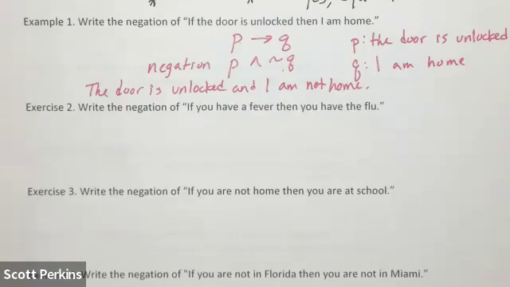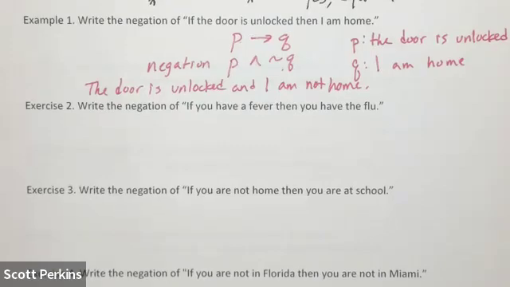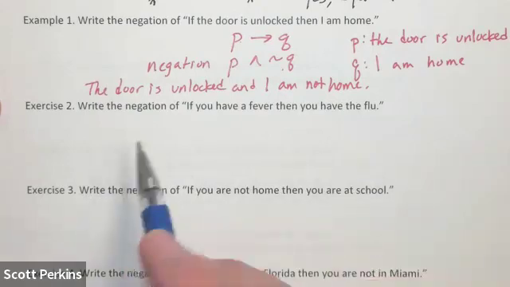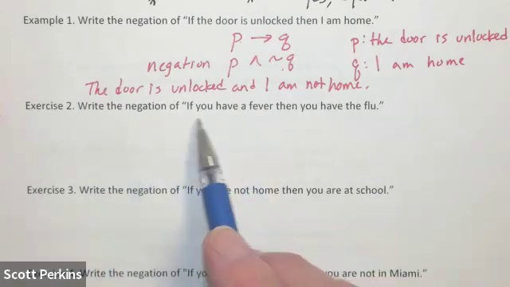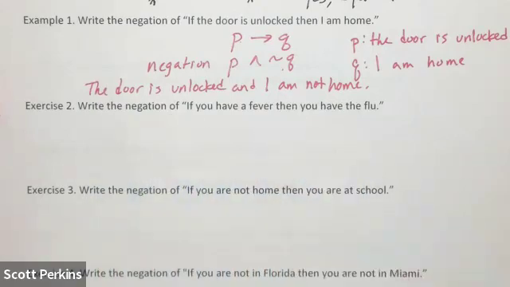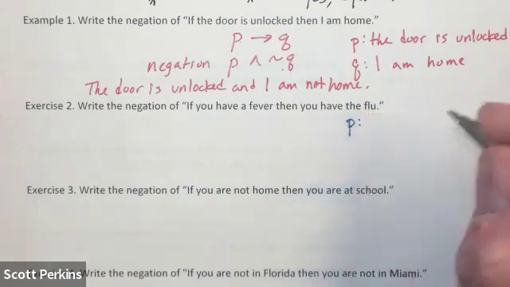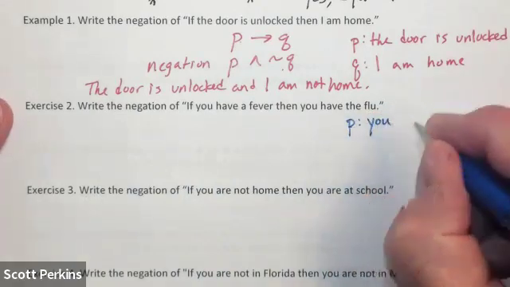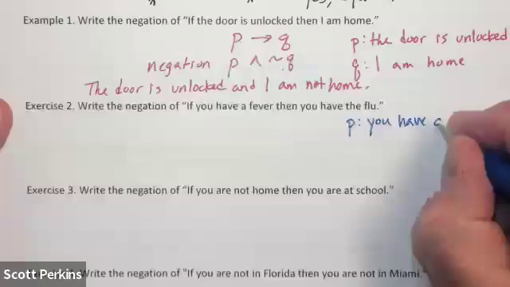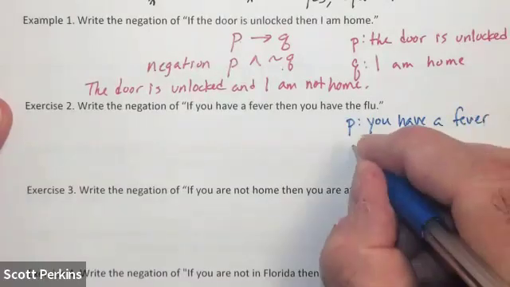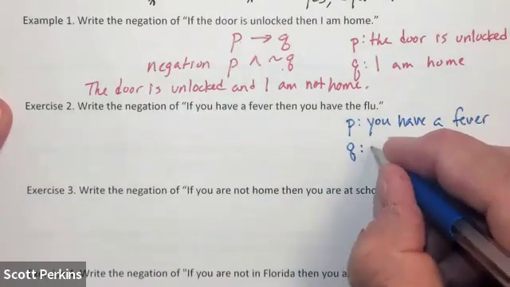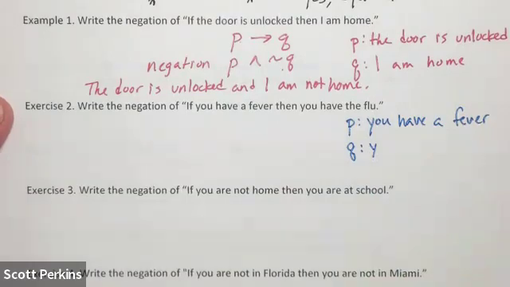Okay, so I'm assuming that you took time to push pause and now we are checking your work together. So here goes. We're going to write the negation of if you have a fever, then you have the flu. So I'm going to let statement P be you have a fever. And statement Q is you have the flu.